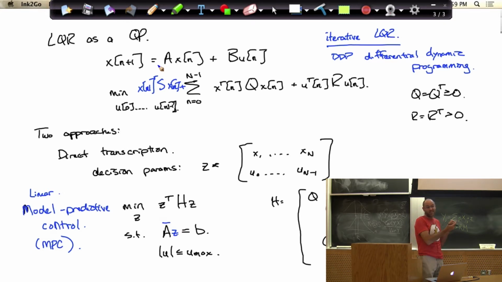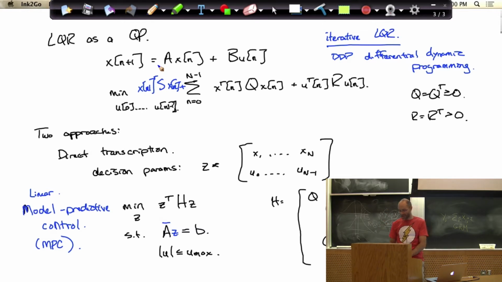In DDP, you can have a second order approximation of your dynamics and still solve it as a QP. But when optimizing, you're committed to the trajectory that you linearized your dynamics around. Then you use that, adjust, and wash, rinse, and repeat.